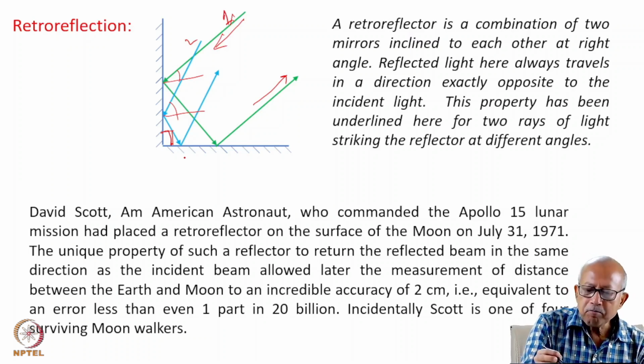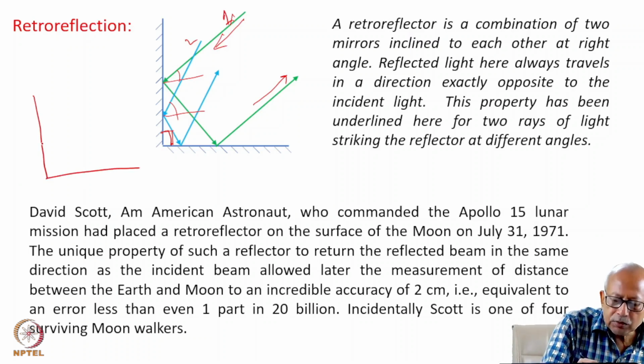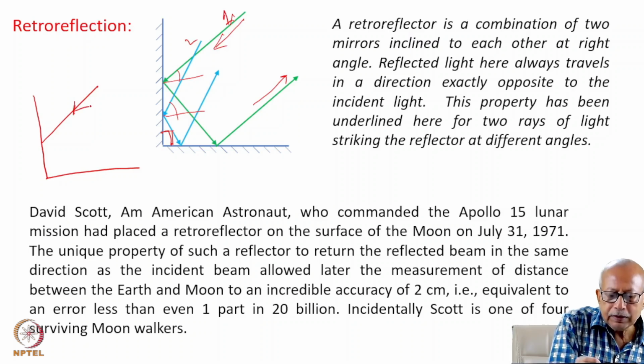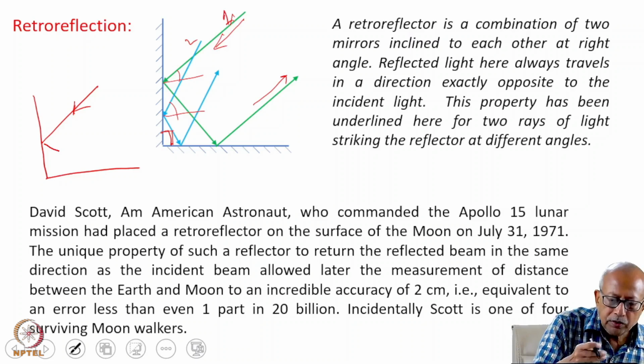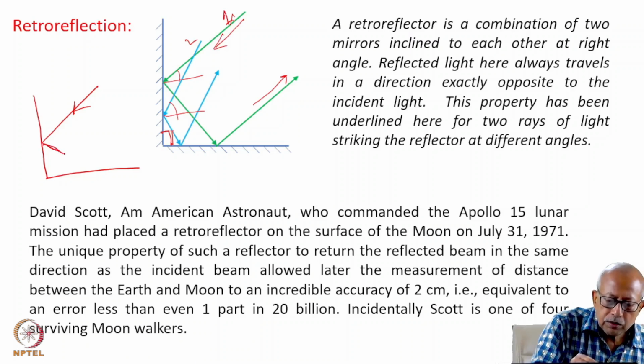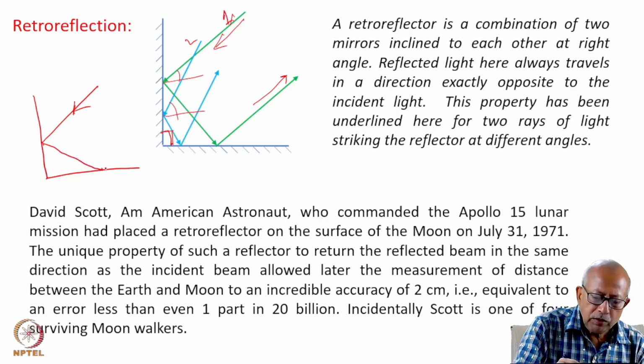Now you see, this is our retroreflector. And suppose a ray of light falls on this mirror. So after the reflection, it strikes the second mirror at this point. It will be again reflected.